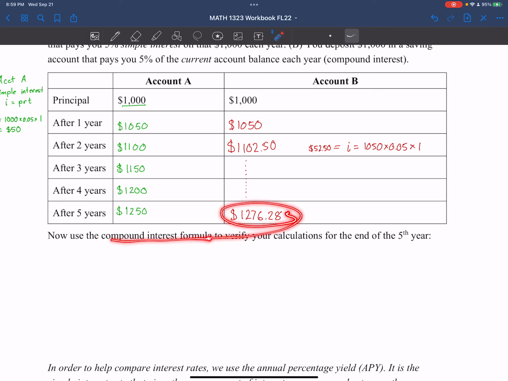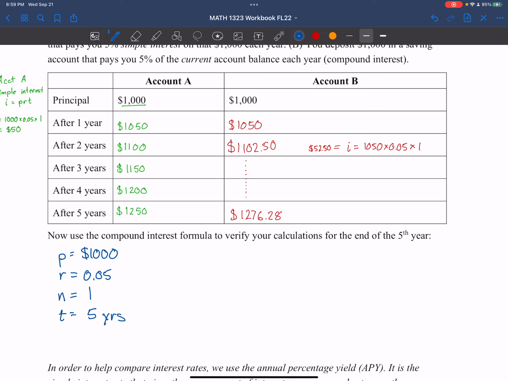So what we're going to do is just use the formula to verify and get the same number. Let's go ahead and write everything down. The principal here was $1,000. The rate was 5% annual, so 0.05. It was compounded each year, so N in this case is 1. It was a yearly compounding, and it did it for 5 years.